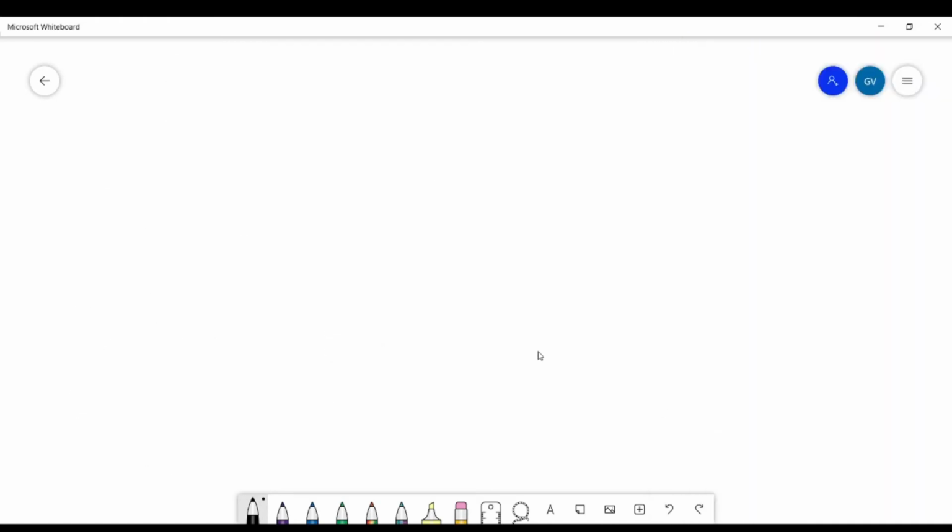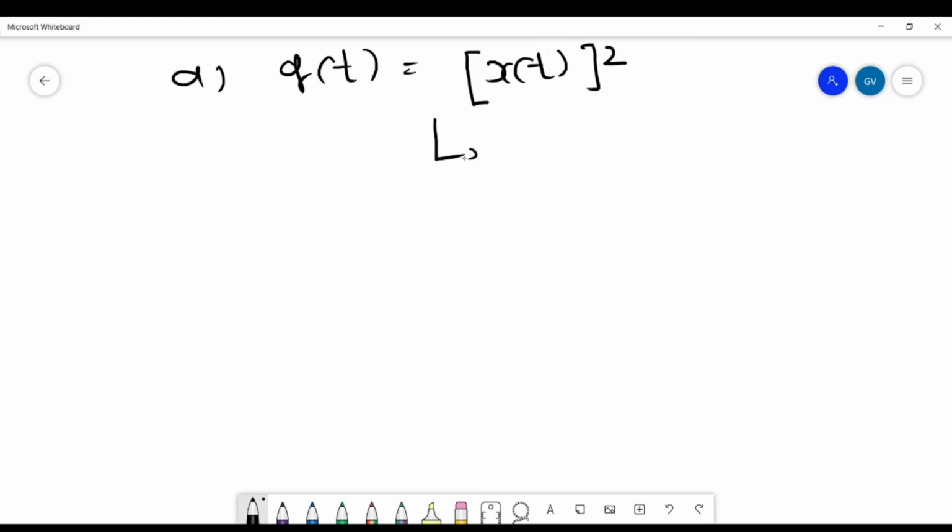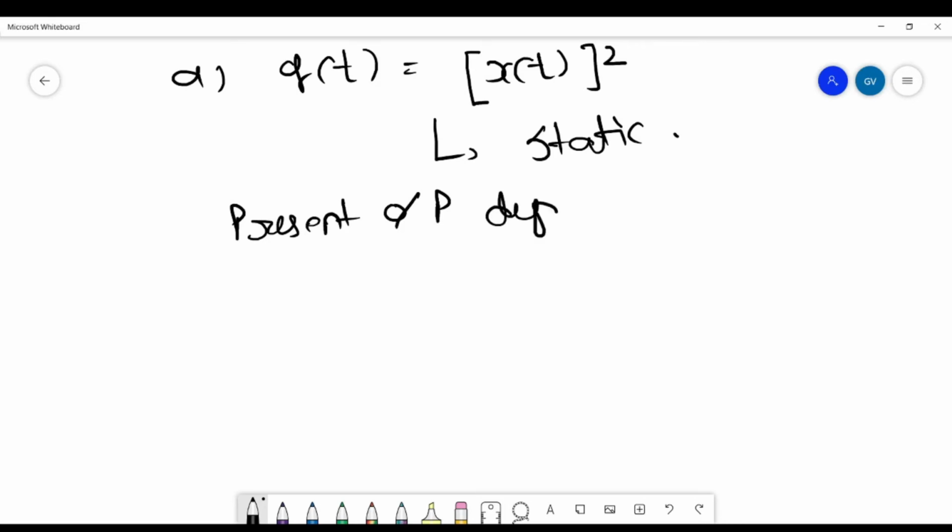Okay, so now if I take an example here, let's take y of t is equal to x of t whole square. We have seen earlier that this is a static system, which means the present output depends on present input.